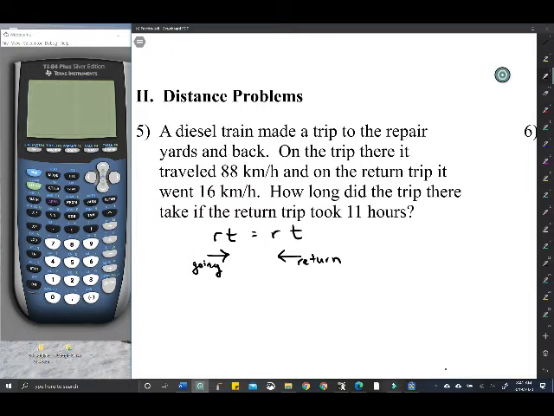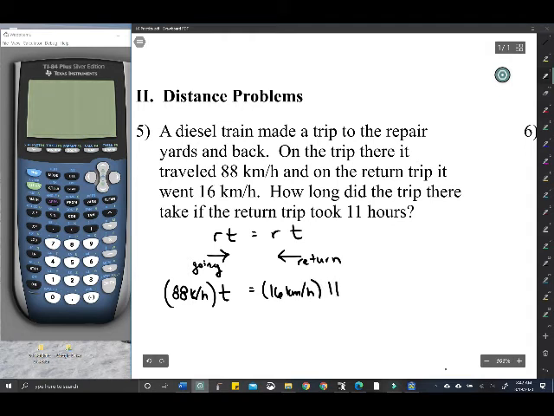We know that going there, it traveled 88 kilometers per hour. That's our rate, okay? And we don't know the time. So we're solving for the time. On the return, it went 16 kilometers per hour, and we know it took 11 hours.